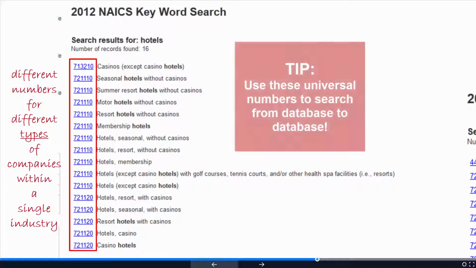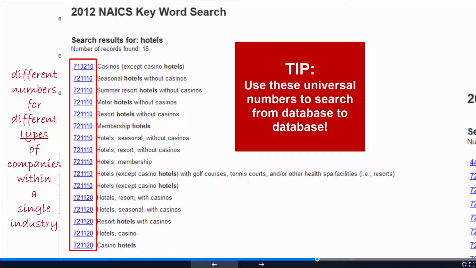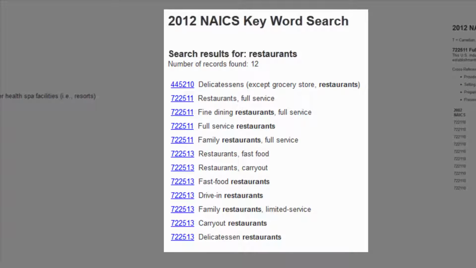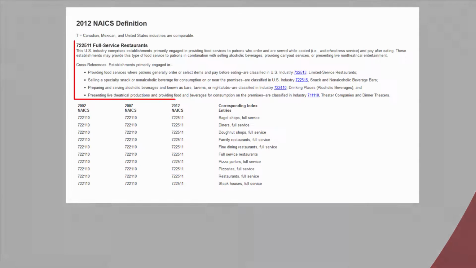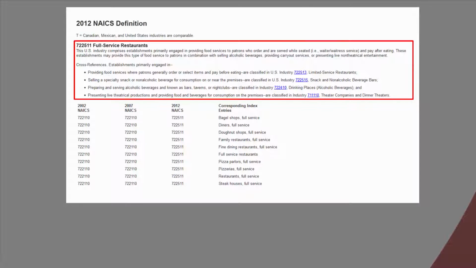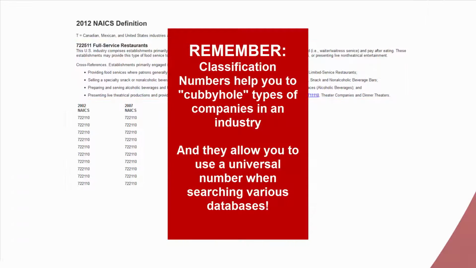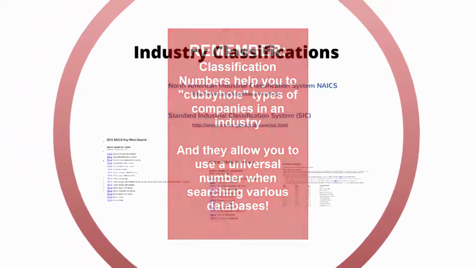So I can use these numbers to search databases and search for lists of companies so that I know they're doing exactly the same thing. We can then take a look at a couple of other examples, restaurants and the different types of restaurants, as well as look at the actual definition of this. So these classification systems exist and, like I said, help you cubbyhole types of companies and make sure that you know you're looking at exactly the same thing.